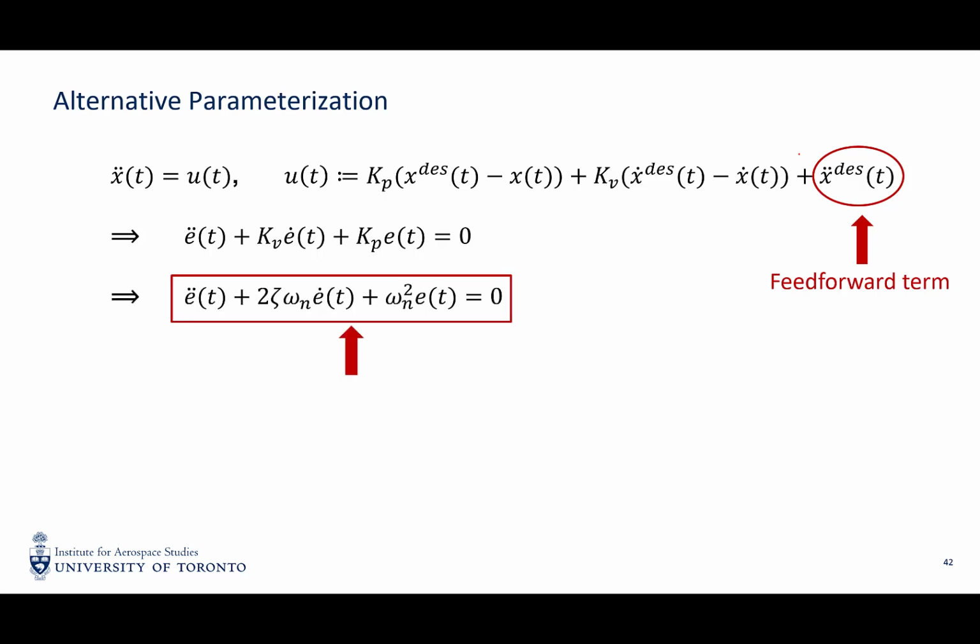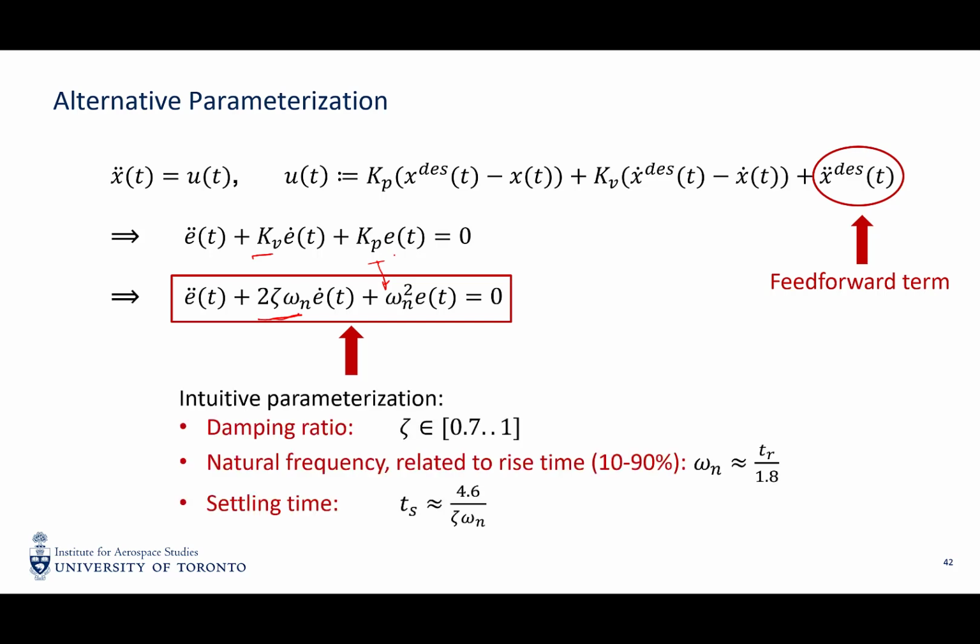In terms of achieving performance for a simple system such as a double integrator, we can replace Kv by 2 times zeta times omega n, and Kp with omega n squared. Zeta is the damping ratio, and omega n is the natural frequency. Typically, we want to pick zeta as 0.7 to 1, and the frequency is around 1.8 divided by TR, your rise time.